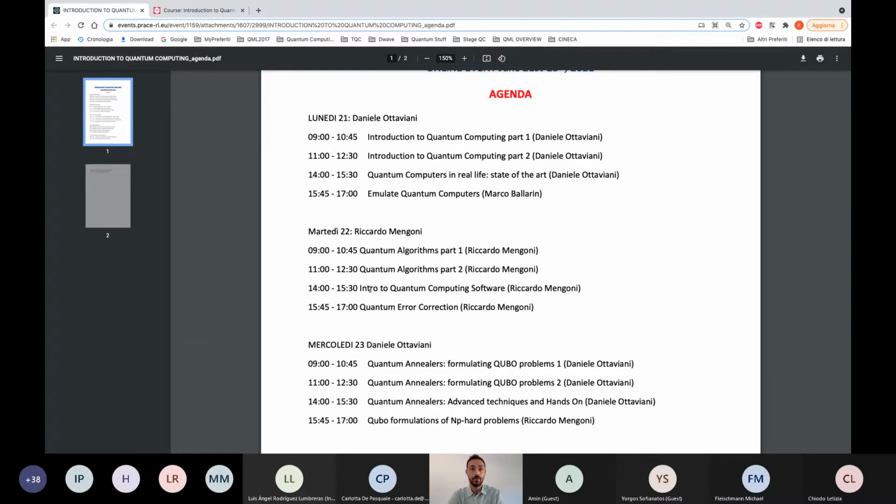Then after lunch, we're gonna see Qiskit, which is the quantum computing library in Python that we already saw something about yesterday with Marco. You can use Qiskit to program quantum computers. And then something about quantum error correction.